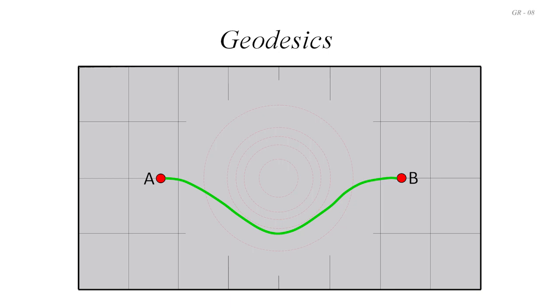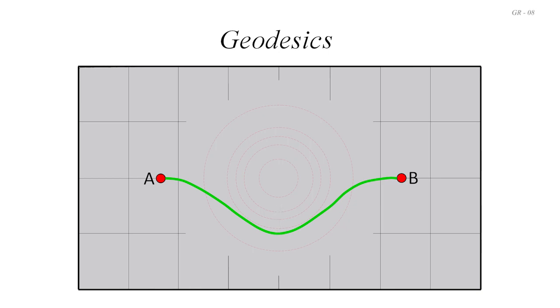The path shown in green is the shortest distance between the 2 points A and B, and is a kind of local minimum. What I mean is, any further this way for the path, and you're going to be out too far, making the path longer. Any further this way, and the path length will also increase because of the curved or stretched space, what you might call going up the hill.